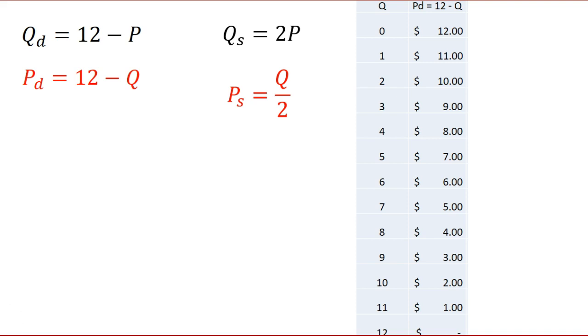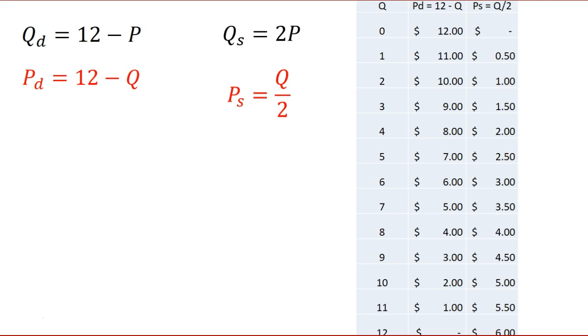We put that into our next column and we get these supply prices, meaning that, for example, at the quantity of 3, the suppliers would be willing and able to accept a minimum of $1.50. At the quantity of 8, the suppliers would be willing and able to accept a minimum of $4, and so on.